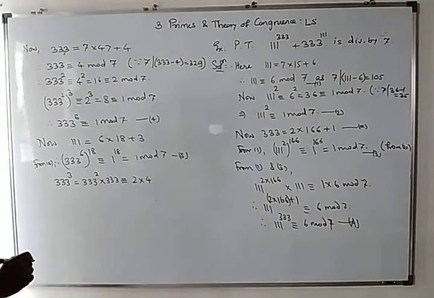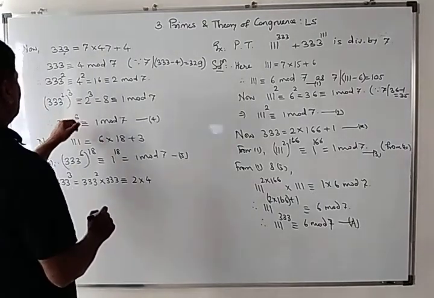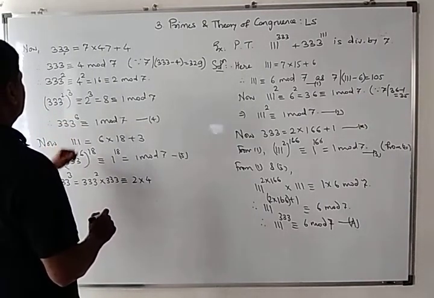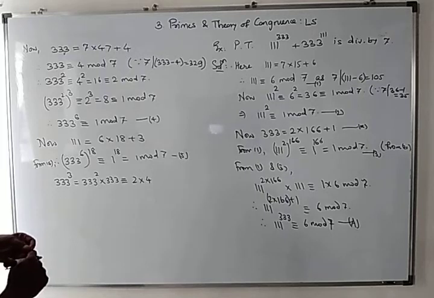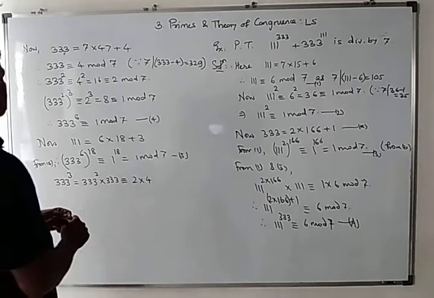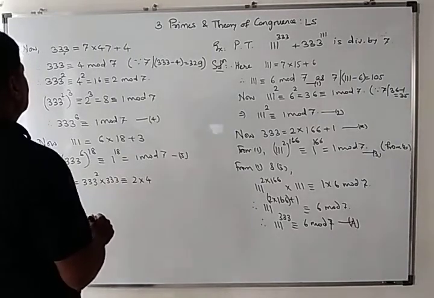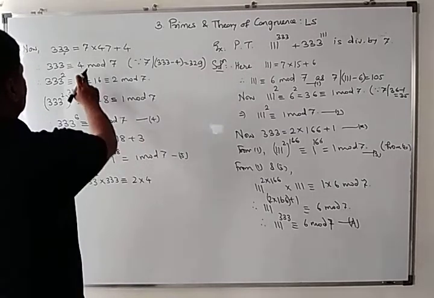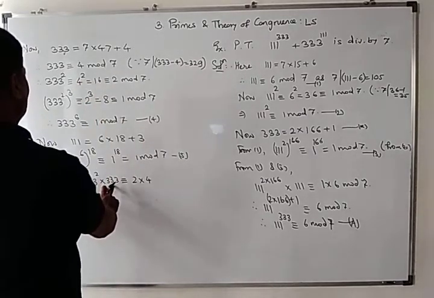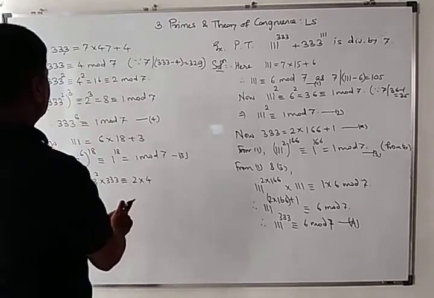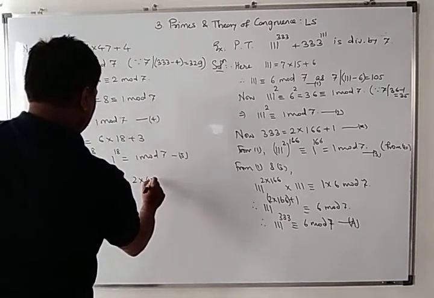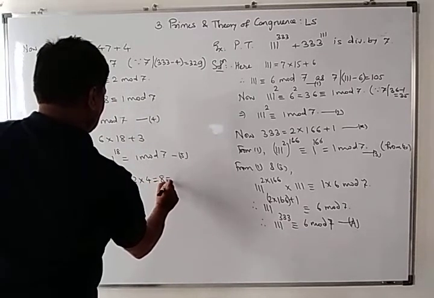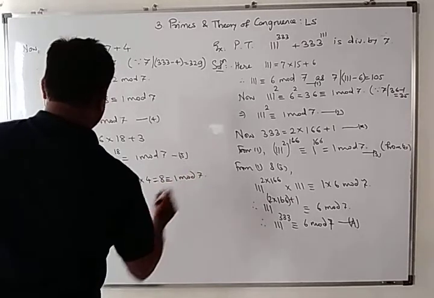That cube, yes, cube is congruent to 4 square into 4, mod 7, right, and this is 2 into 4, that is 8, which is congruent to 1 mod 7.